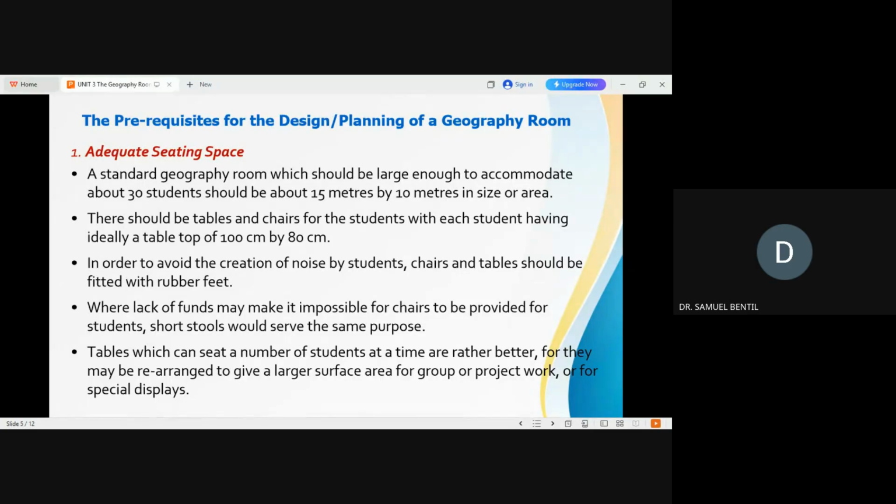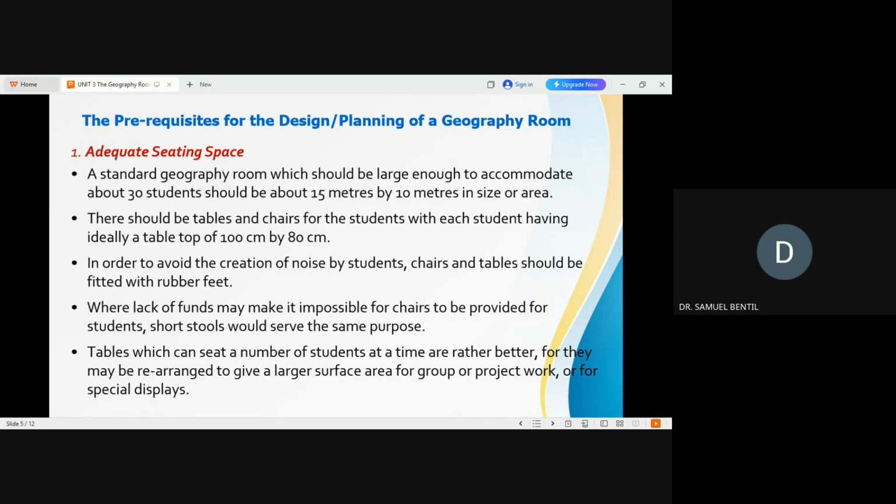So where there is a lack of chairs, you can consider using short stools for the same sitting, that chairs that students can sit on.